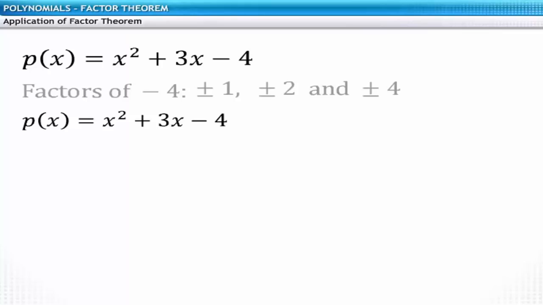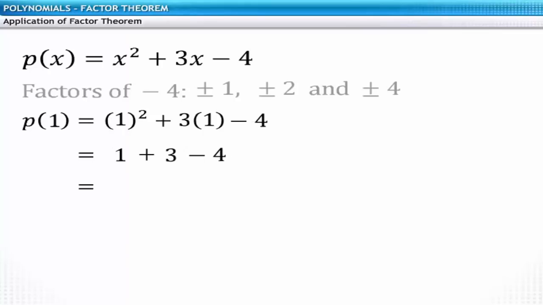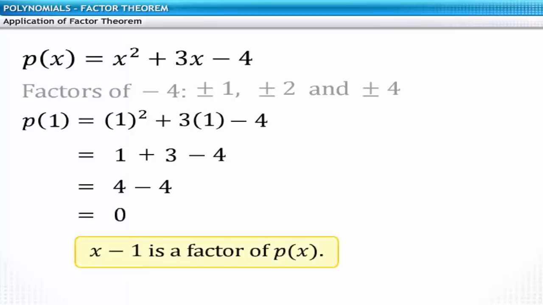Let's begin by substituting 1 in the polynomial. Here, the polynomial becomes 0. Based on the factor theorem, we can say that x minus 1 is a factor of the polynomial.